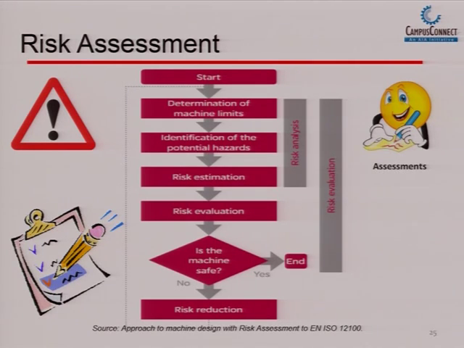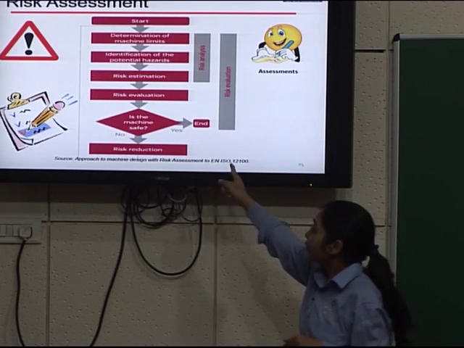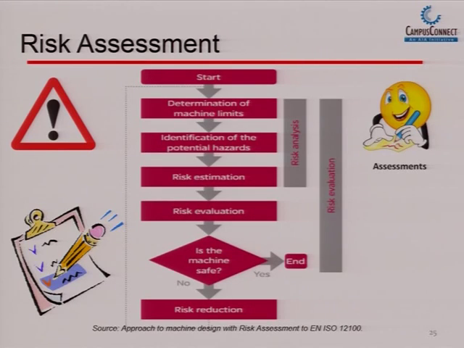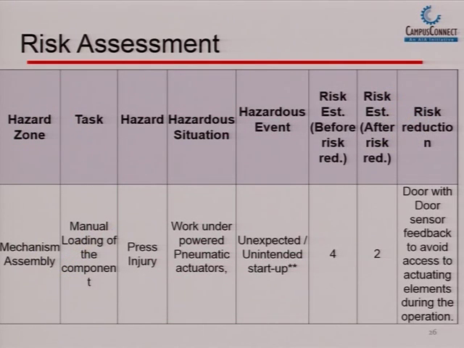Then potential hazards: what can go wrong in the machine and how do you plan to eliminate it? Have you tried evaluating your risk? And finally, is the machine safe, or if it is not, how do you reduce the risk? This is how we take the process of risk assessment. This is just a flow chart we have developed for that.